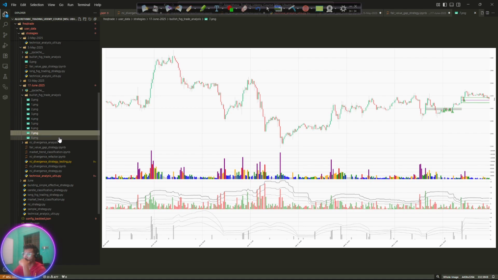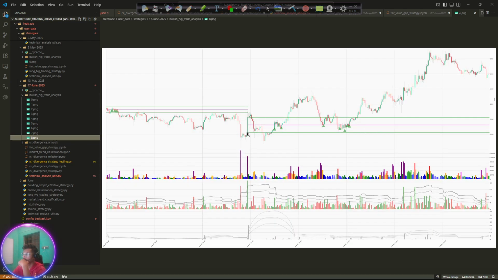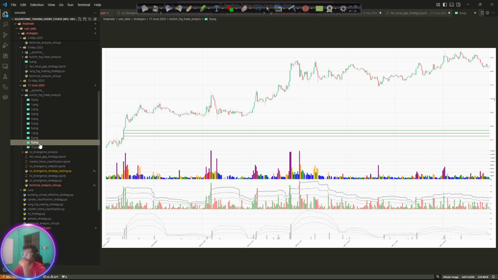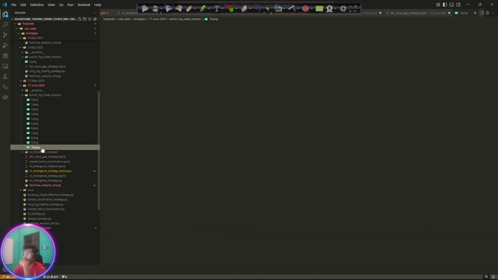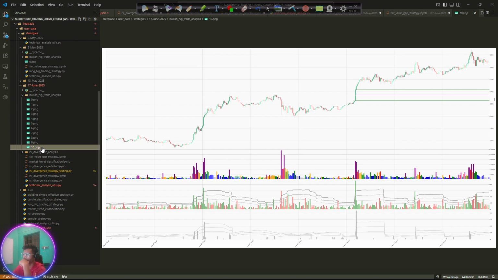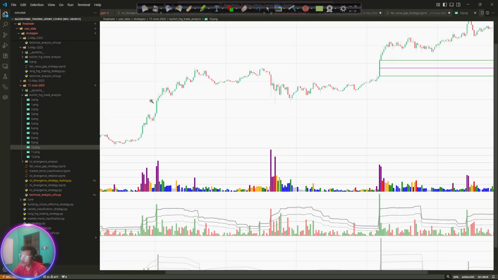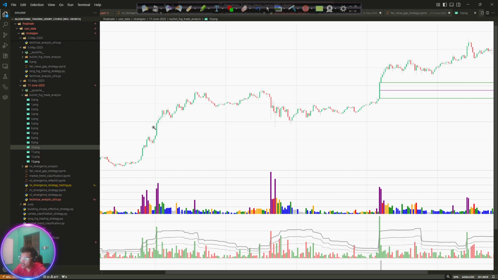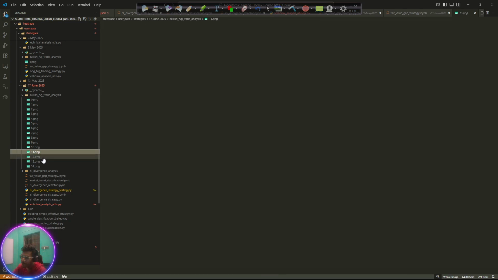And this is good too. There should be one FVG as well here. I think I have done the two times of that. No, that's why it's not showing it.